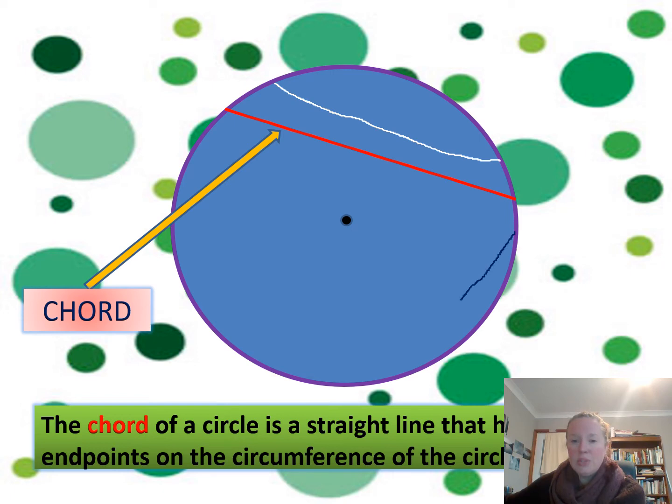I could also have a chord that runs like that. So different chords can be different lengths on the same circle. But remember, a chord is not running through the center of your circle.